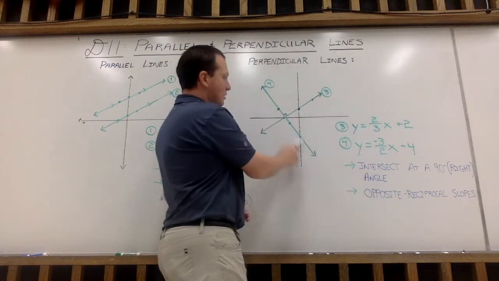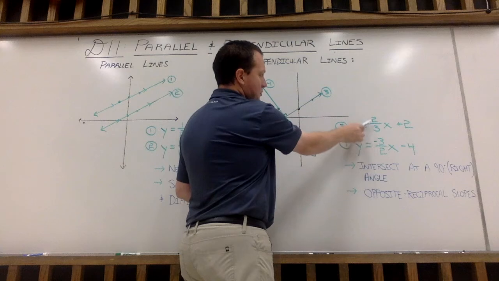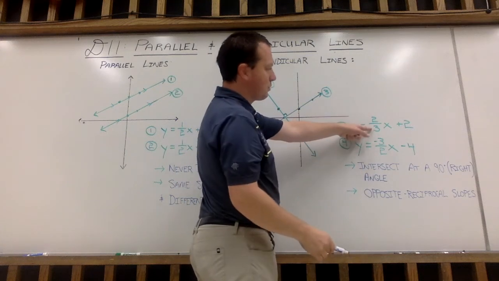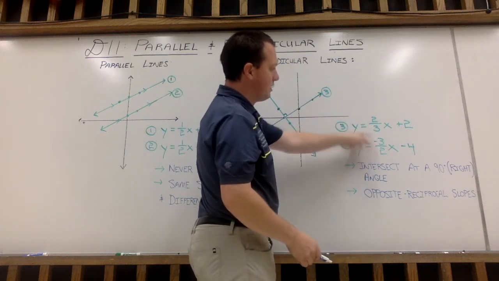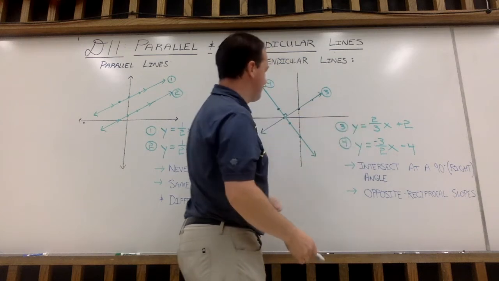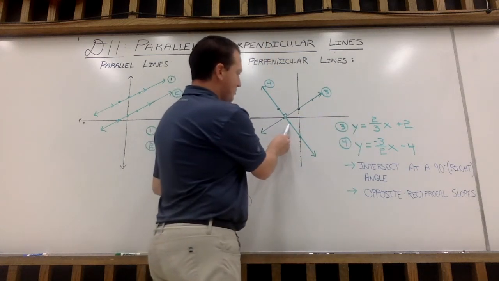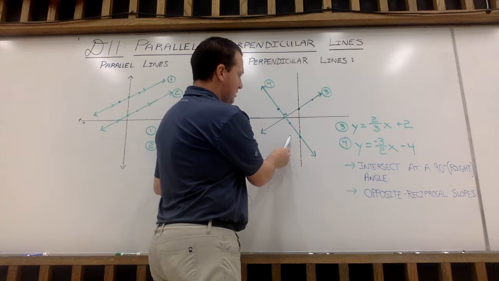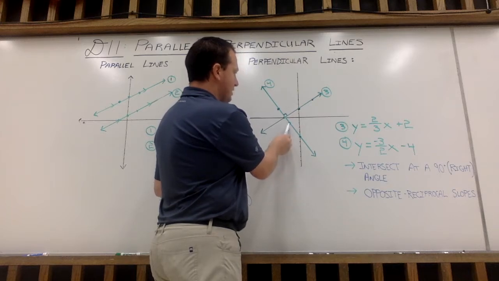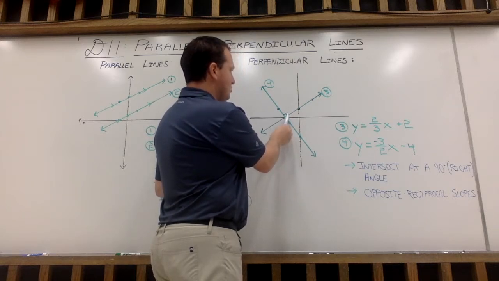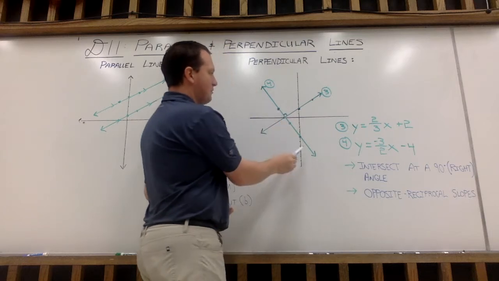Line 4 does not have the same slope. If you look at the values, 2 over 3 is flipped to 3 over 2, and positive becomes negative. So I'm going to go down 3, 1, 2, 3, and then 1, 2 to the right. Or I can go up 1, 2, 3, 1, 2 to the left.